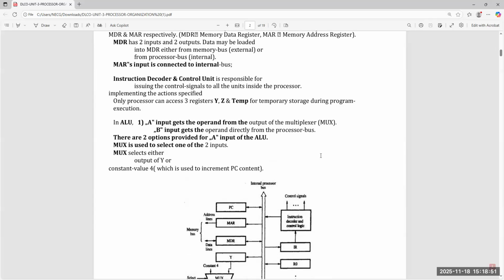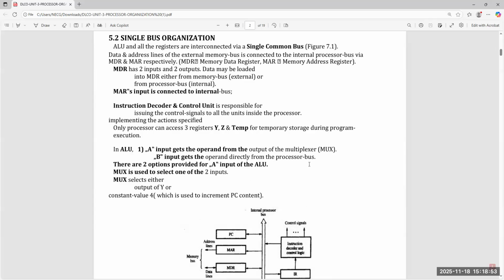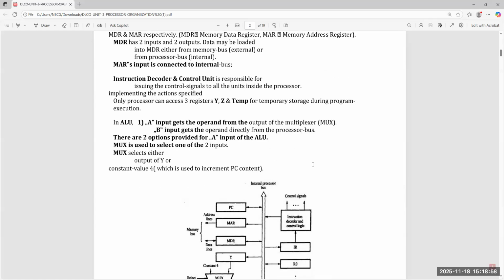This is a simple single bus organization. Now, you can observe the MAR and the MDR. The MAR has its input connected to the internal bus. And you can observe the MDR has two inputs and two outputs.